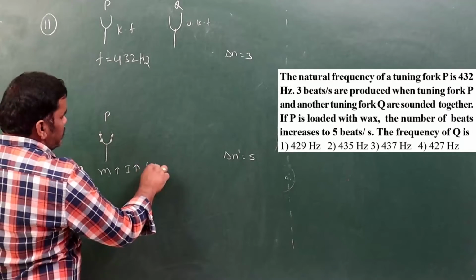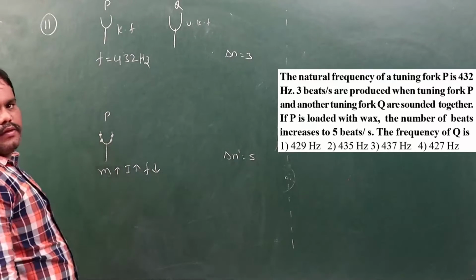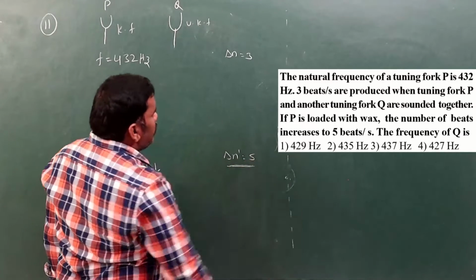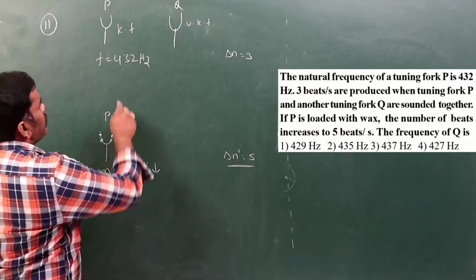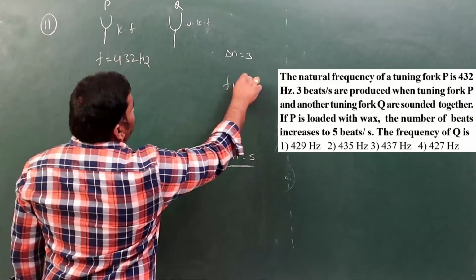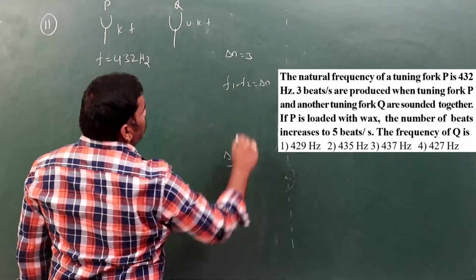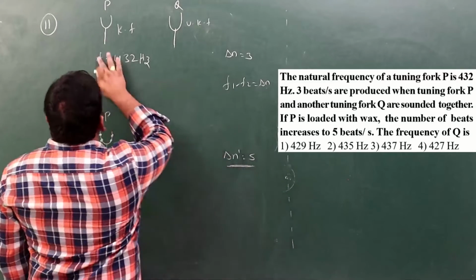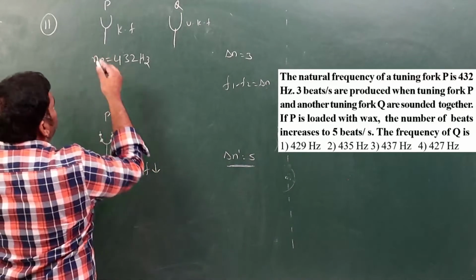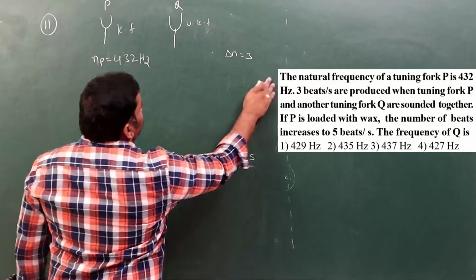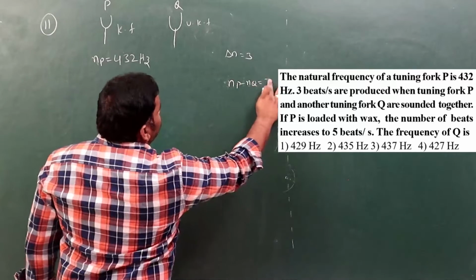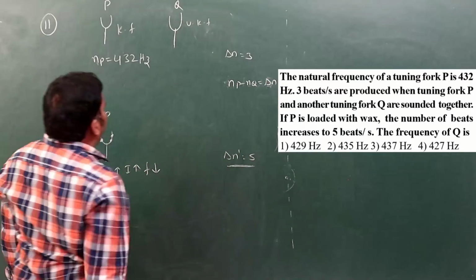So then frequency decreases. When frequency decreases, the actual number of beats given increases. Okay, so we know that beat frequency f1 minus f2 is equal to delta n or delta f. Otherwise, you can take np minus nq is equal to delta n.